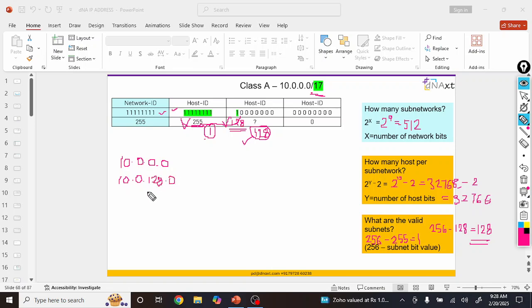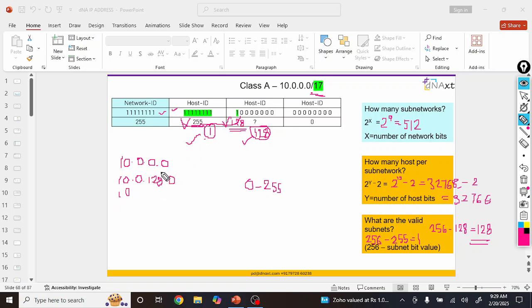Now if you go on adding 128 over here, it will give the answer 256, which is not valid. You cannot use this number in an IP address because our range lies between 0 and 255.